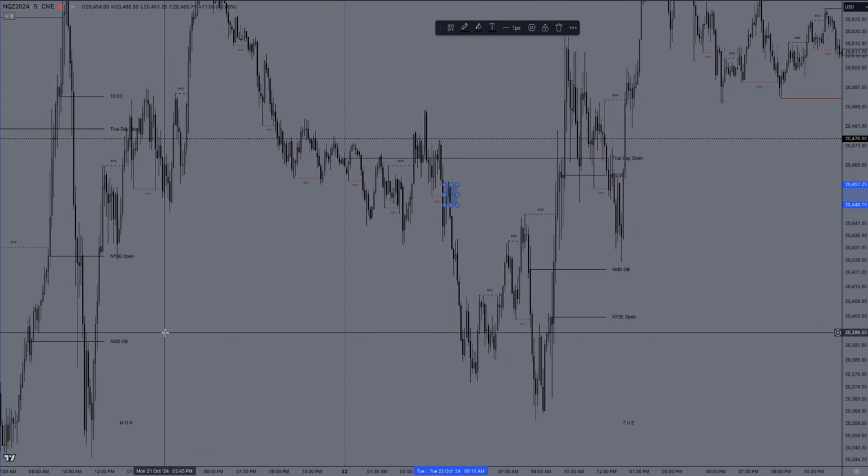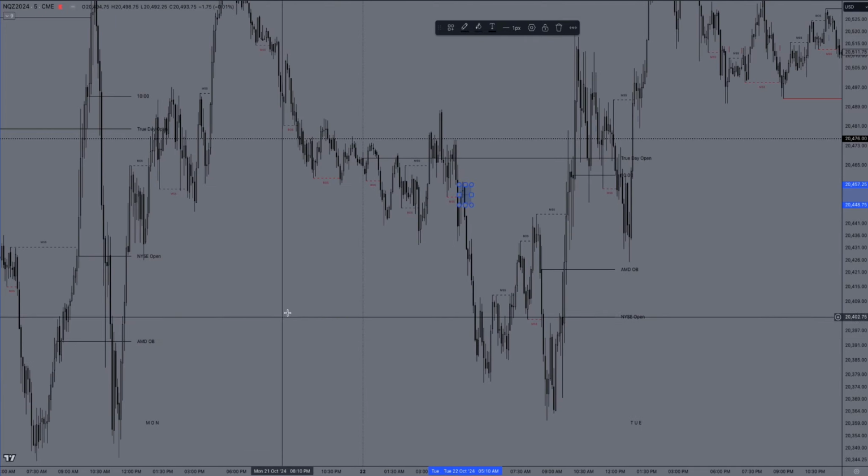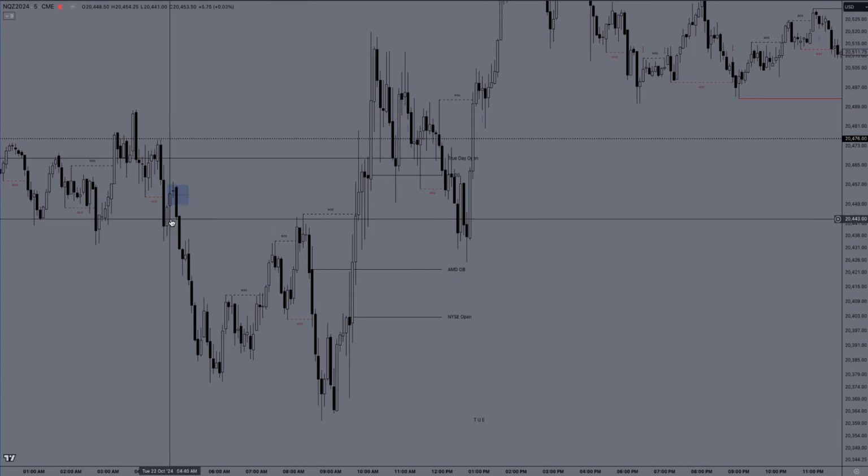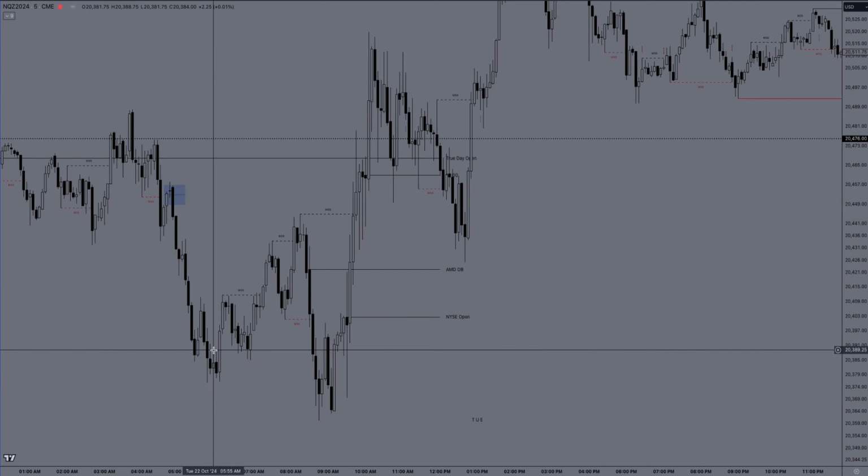You could have had many reasons to target areas here, or you could have just done 1-to-1 risk to reward ratio. This setup was between 4 a.m. and it left at around 4 or 5, so that was the trading window. And for the rest of Asia, they sold off.